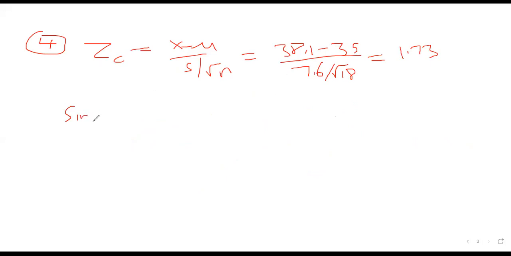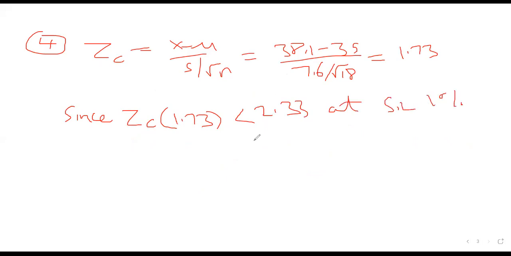So we make a conclusion here. Since Z calculated, which is 1.73, is less than 2.33 at level of significance 1%, what do we do? We fail to reject H0. In this case, what is our conclusion?